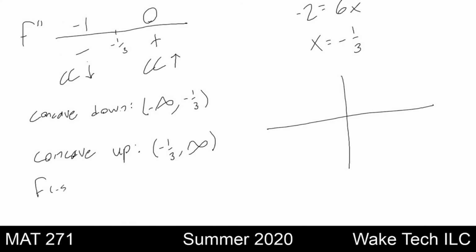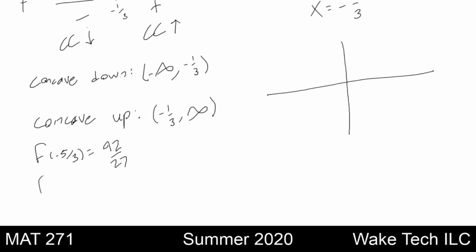F of negative 5/3 is equal to 92/27. f of 1 is negative 6.